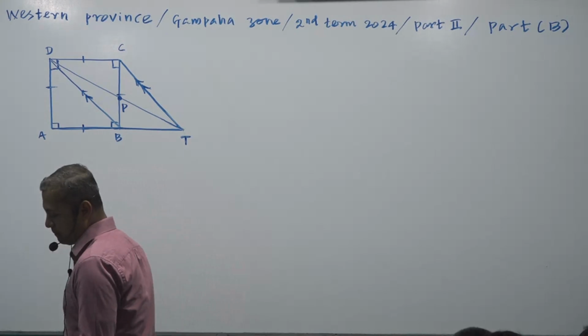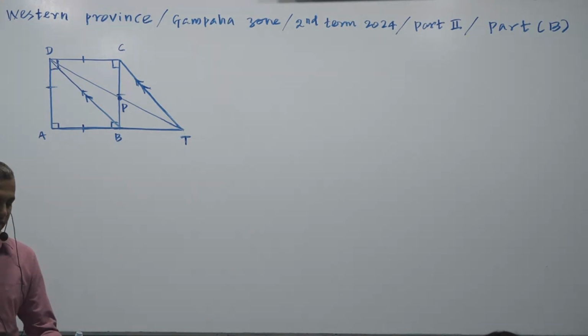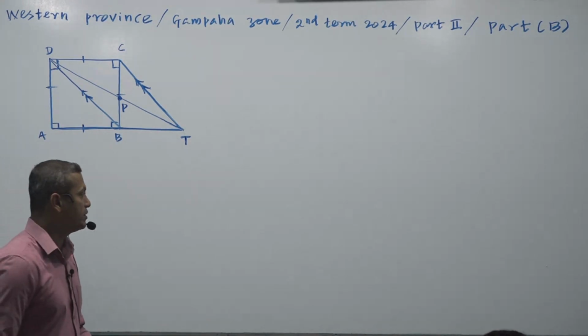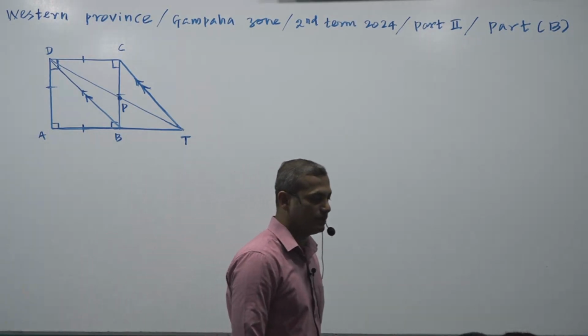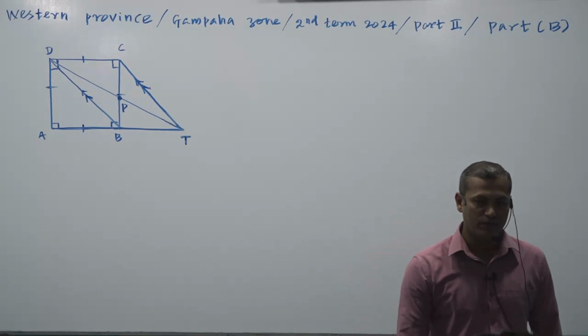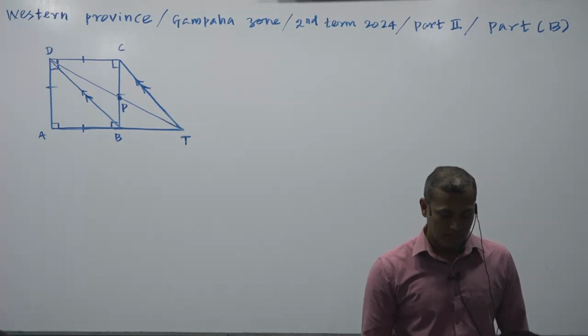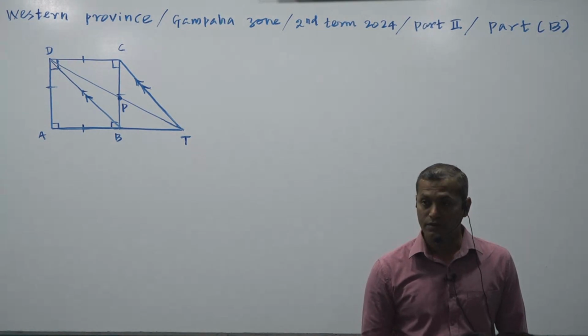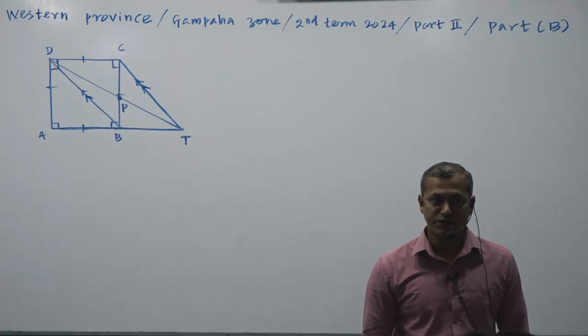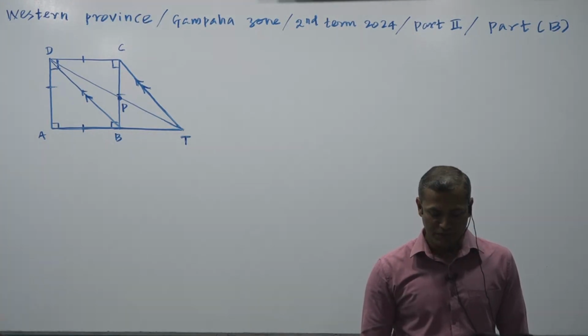First part is done. Show that CDBT is a parallelogram. How to show that it's a parallelogram? What are the conditions for a quadrilateral to be a parallelogram? How many conditions we studied?